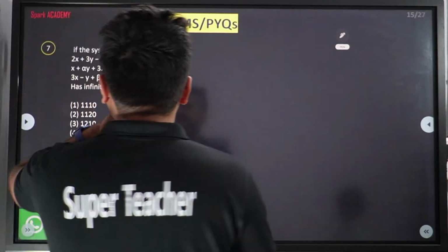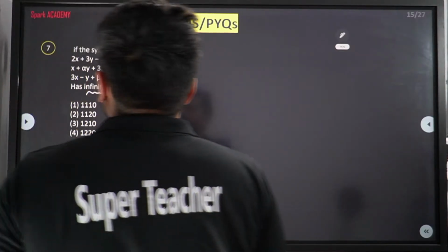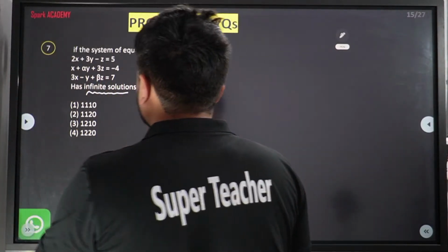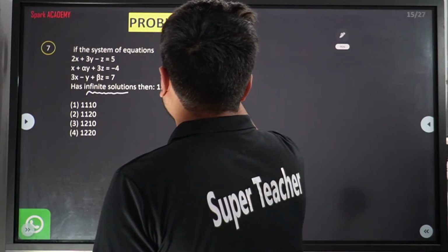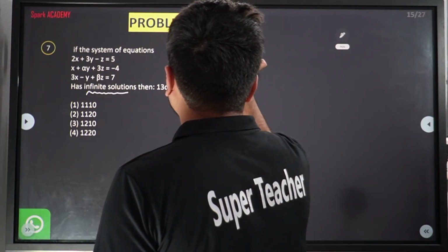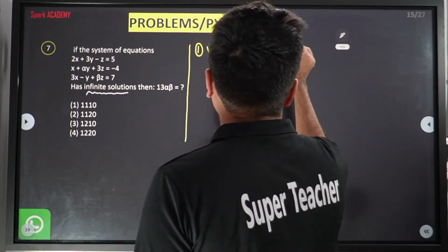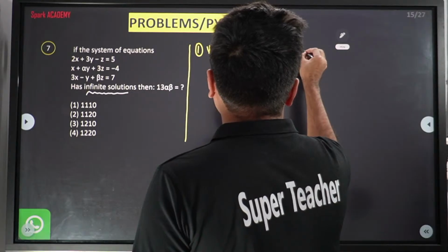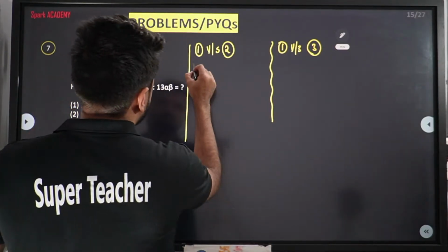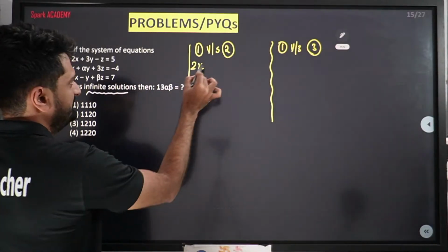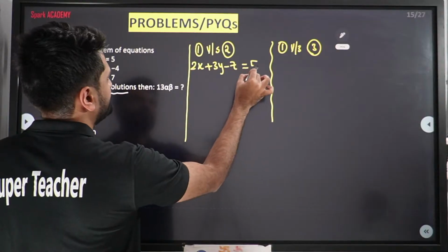Now this one they are saying infinite solutions. So it is similar to the earlier question. So let's try to solve. Again I will take 1 versus 2 and I will also take 1 versus 3. So 1 versus 2: this is 2x plus 3y minus z equals 5.